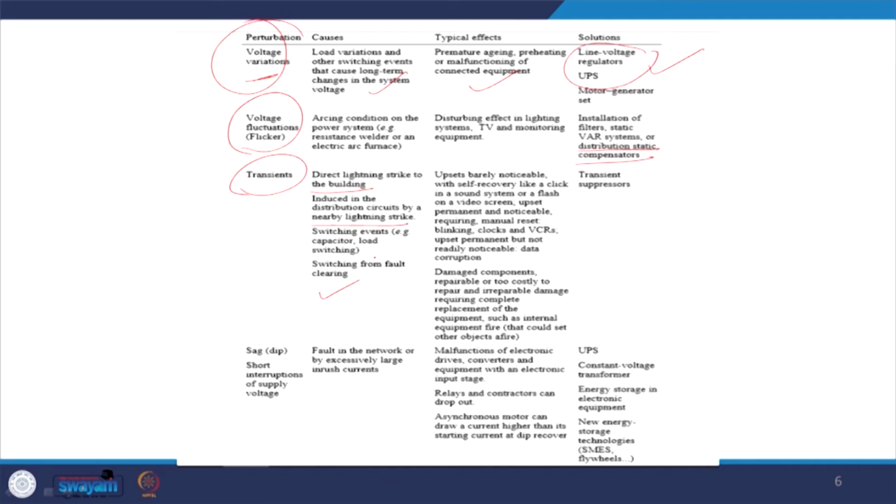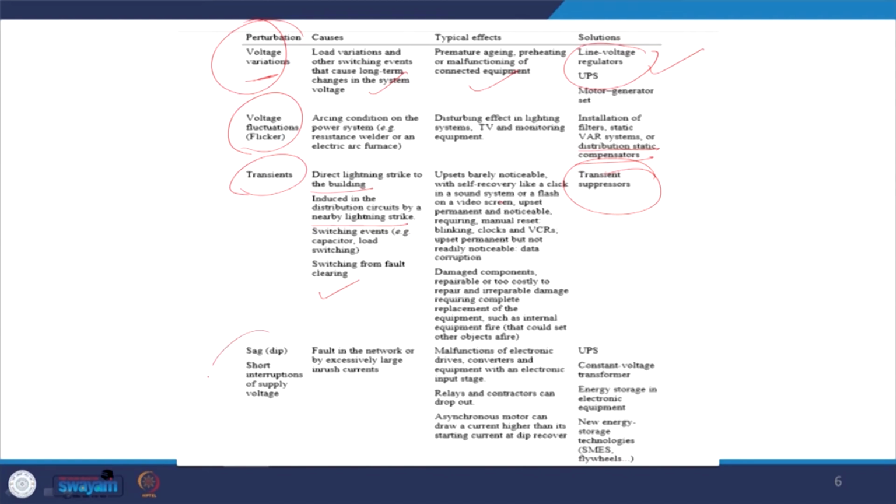So, it may damage many entities: upset barely noticeable with self recovery, like a click in a sound system or a flash of the video screen, upset or burn permanent or noticeable, requiring replacement of the VCR, TV, other sensitive equipment, even fans. So, you require to have a transient suppressor.